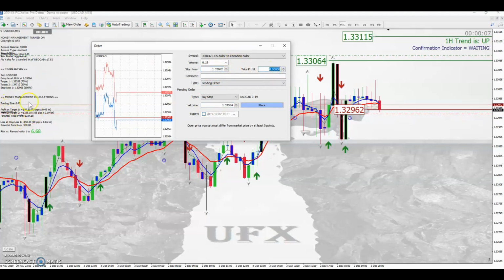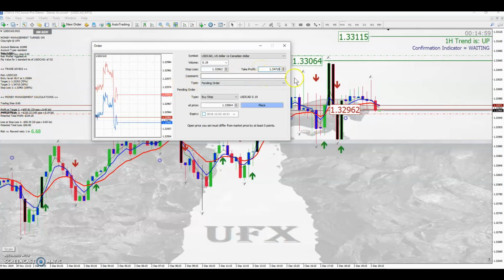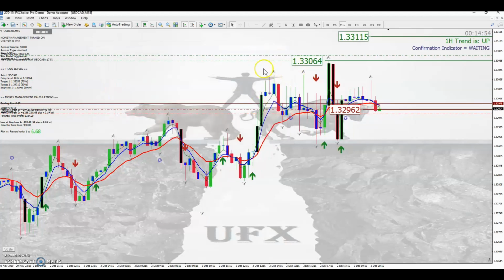And our take profit is going to be our target 2, which is 1.34710. And we're just going to go ahead and place that order. And move this up again, take into consideration our spread, and then adjust the stop loss here as well. So we've got this trade set up and ready to go.